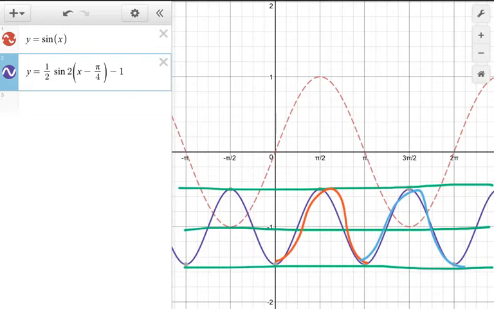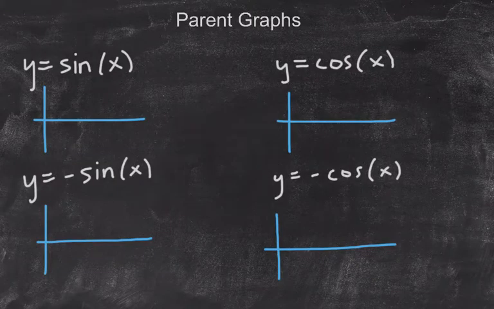And from the beginning of my sine curve, this has been shifted pi/4 radians to the right. Alright, so this does look to me like a cosine curve that's been flipped upside down, but we'll talk about that in the examples. Alright, so let's just look at one full cycle of each of these.